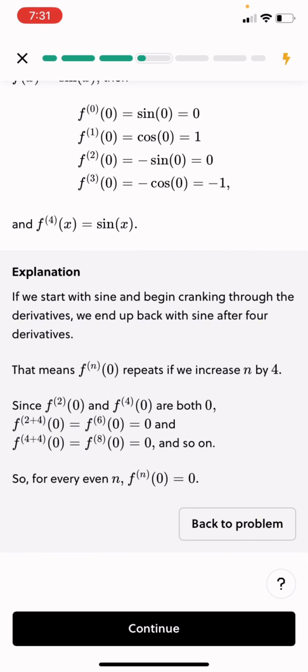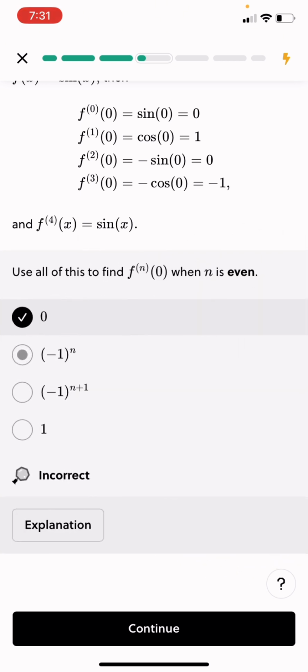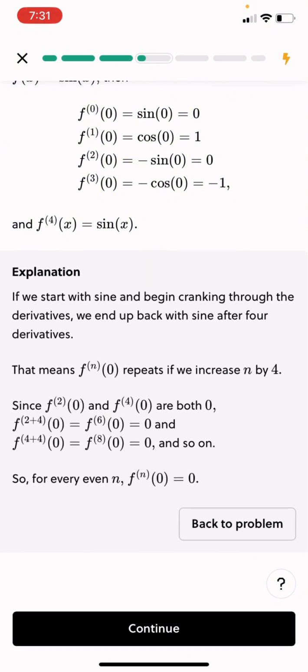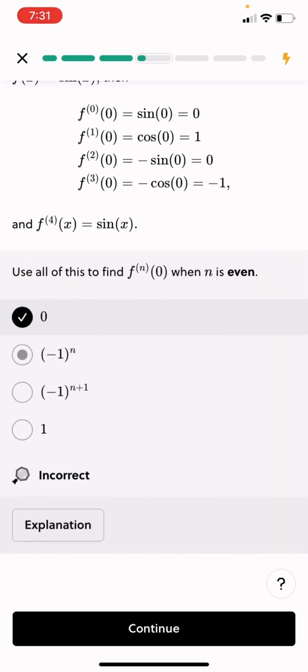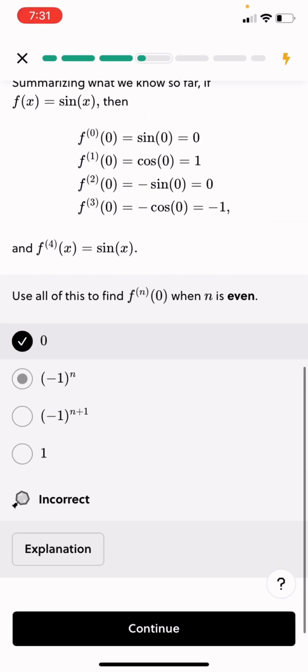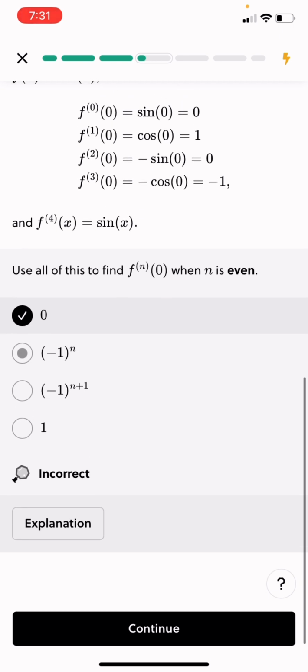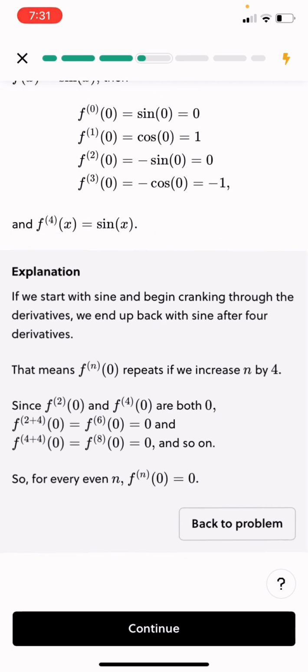It's 0. It was between 0 and (-1)^n. I thought it would be not 0 due to it being just the function, no primes or anything. But I guess that just results in it. Let me see how it works.